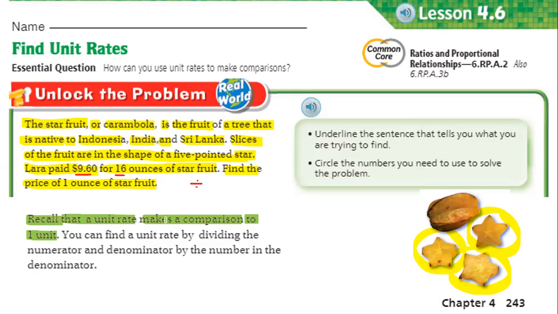The unit rate calculates the price of one thing. You can find the unit rate by dividing the numerator by the number in the denominator. So if you want to solve this, you need to divide.